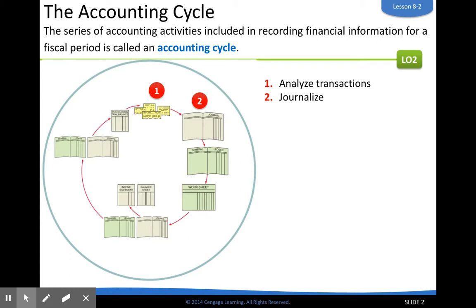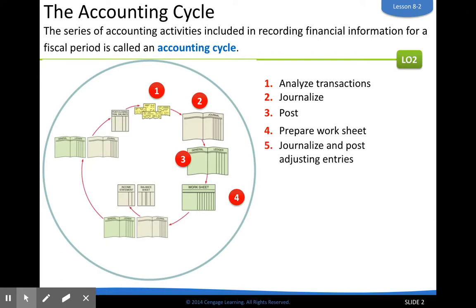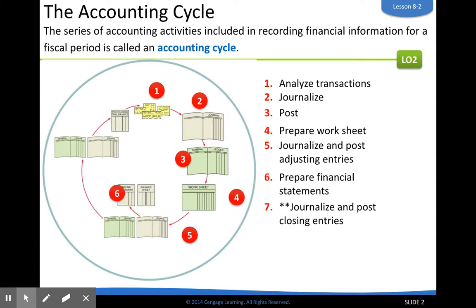Step 2, we learned to journalize in chapter 3. In chapter 4, we learned how to post. In chapter 5, we prepared a worksheet for the first time. In chapters 5, 6, and 7, we prepared financial statements, our income statement and balance sheet.